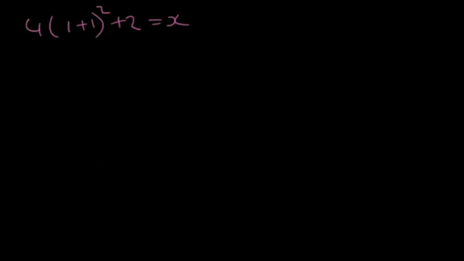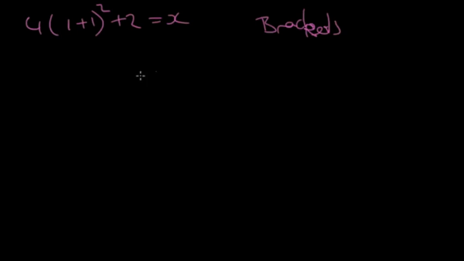If we follow our order of operations, the first thing we should do is anything that's in the brackets. Our brackets contain 1 plus 1, which becomes 2. We've got that squared, and we just leave the rest the same.